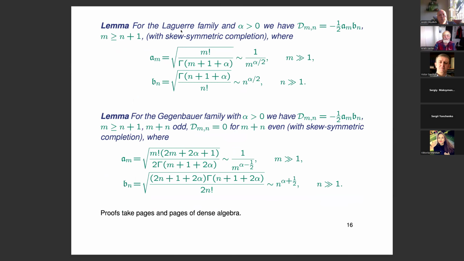So suppose we have a Laguerre family, alpha is positive, as it should be, and then under the main diagonal, dmn is minus 1/2 am bn, where am and bn are given here, and over the main diagonal, so dnm will be plus half, because it is, of course, skew-symmetric.